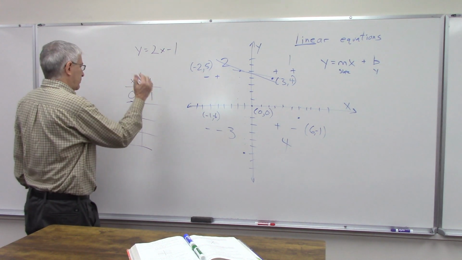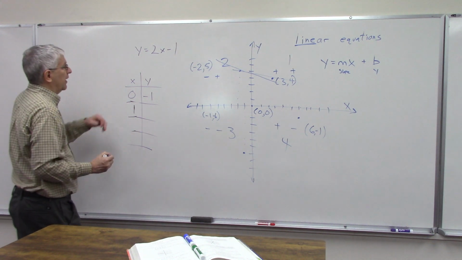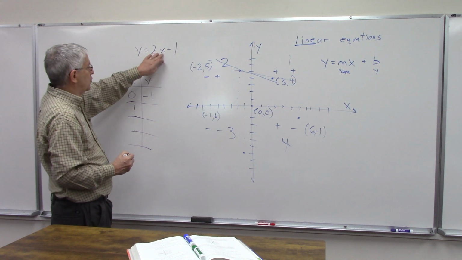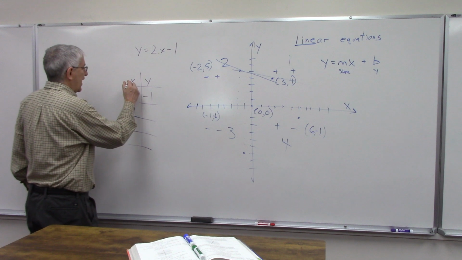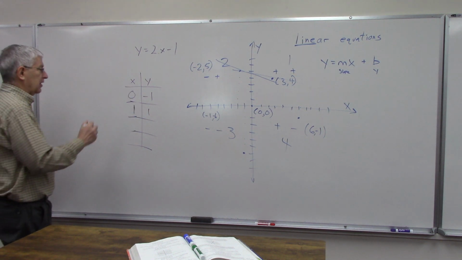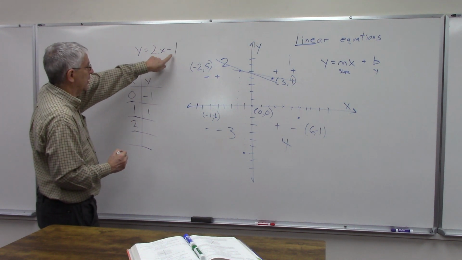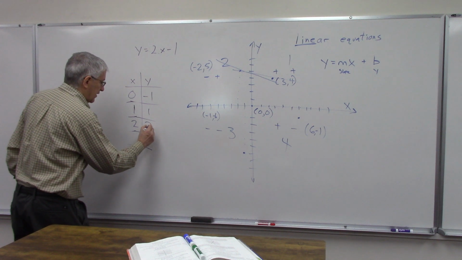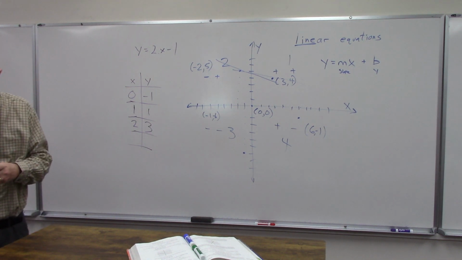All right, so let's put a value of 1 in for x. Serena, what's 2 times 1? 2. Minus 1? 1. So when x is 1, y is 1. Janaya, let's plug in 2. What's 2 times 2? 4. Minus 1? 3. All right, so now we have 3 coordinates. It's always good to get 3.